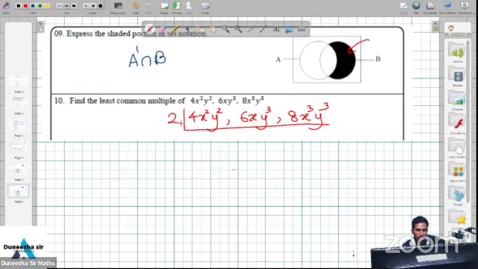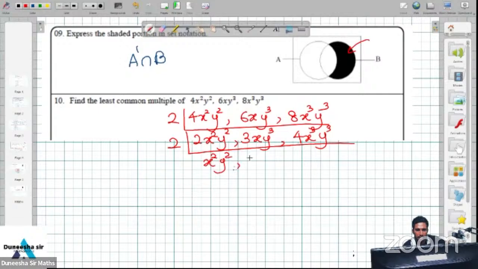We can divide by 2. If we divide by 2, what is the answer? 2x squared y squared, 3xy cubic. Now you can again divide by 2. It's 1 x squared y squared, 3xy cubic.